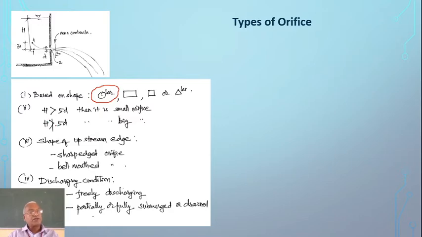And if H is not greater than 5 times D, then it is a big orifice. In the sense, when H is large enough compared to the diameter, it is a small orifice, and that is what we are going to study in detail. And if H is comparatively less with respect to the diameter, meaning H is less than 5 times the diameter, then it is a big orifice. The formula for that will be slightly different.